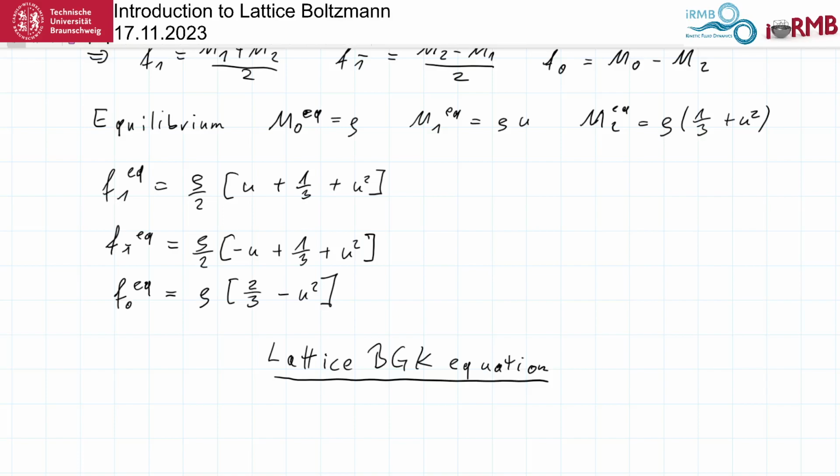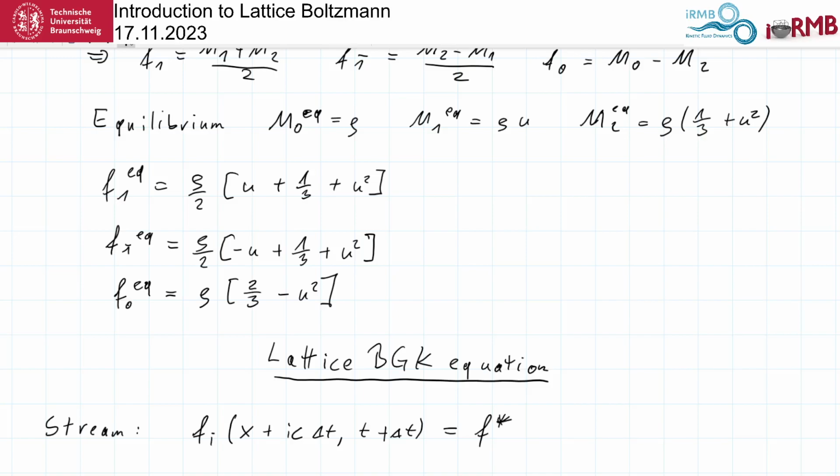So we said the algorithm goes in 2 steps. And let's write them down mathematically. So the stream would look like this. There's a population Fi at the position x plus i c delta t, at the new time t plus delta t, equal to a post-collision population.